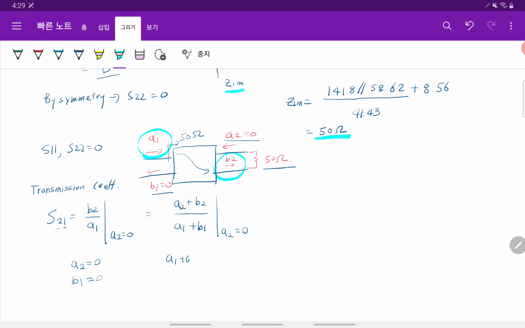So this is 0, this is 0, so it is okay, right?